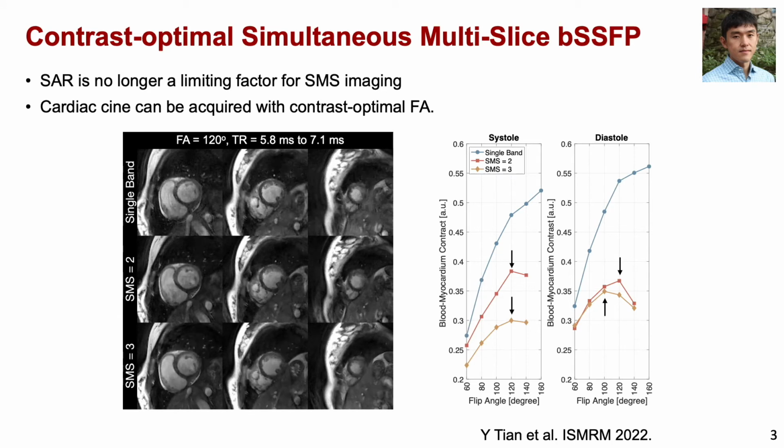In this study, we experimentally determined the contrast optimal flip angle for cardiac CINE examinations, which is around 120 degrees. This series of images was acquired with this optimized flip angle with a relatively shorter TR, and all of these images with different SMS factors show great quality.